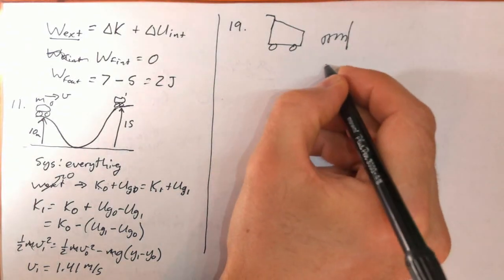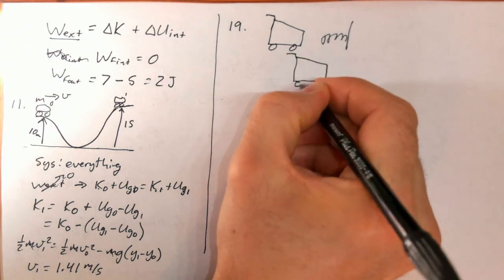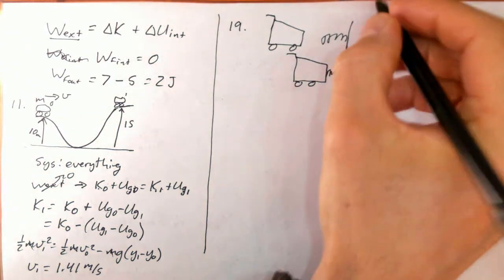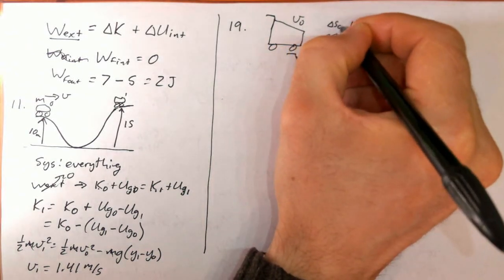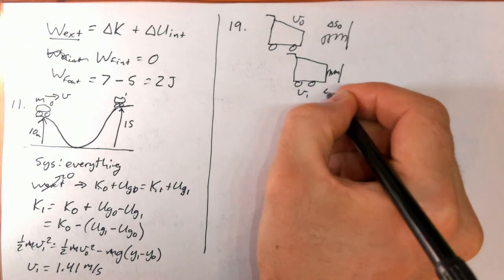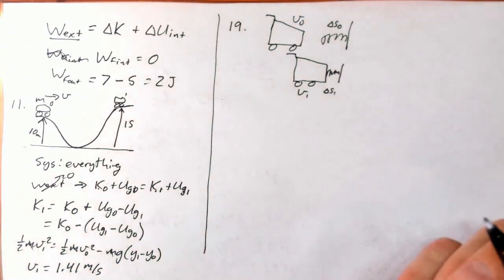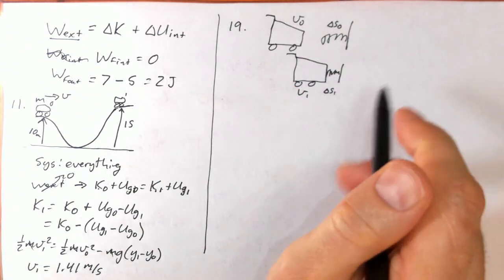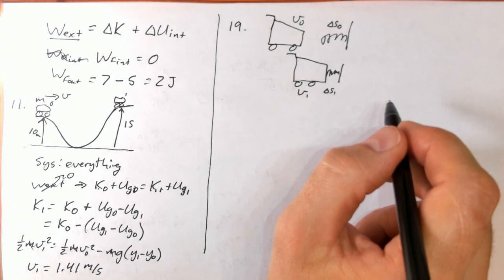And in our final case, the cart has stopped and it's compressed the spring. So in this case, we have a V0 and a delta S0. In this case, we have the V1 and a delta S1. And the question is, how fast was the cart going if it compressed the spring by 60 centimeters?